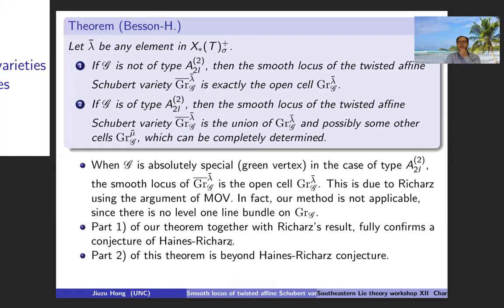Now, for part 2, this theorem is already beyond the conjecture by Haynes and Richards because it's more complicated, and we are able to determine the smooth locus completely.